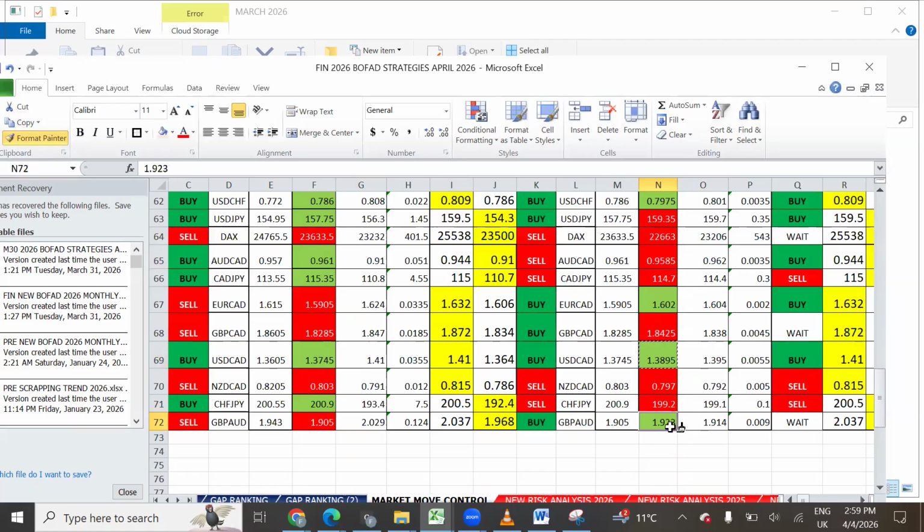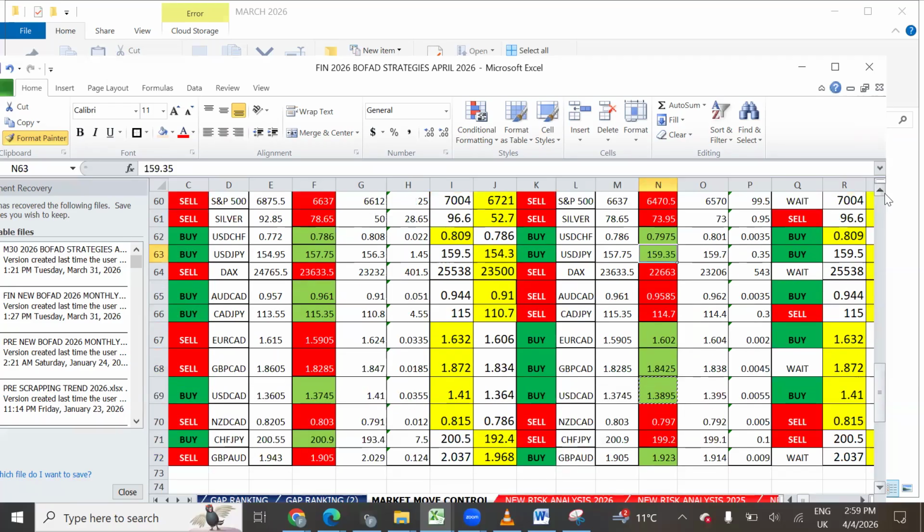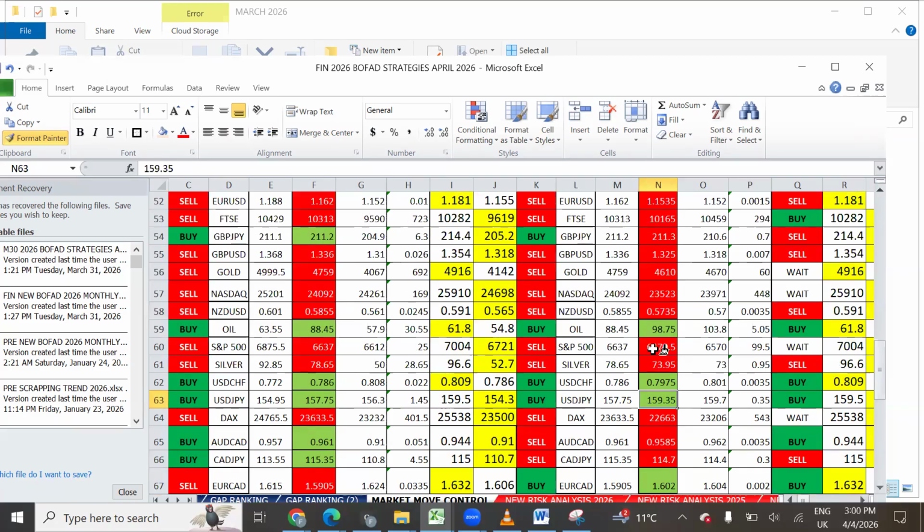I say that this is higher than this, so it's an upward move. This also is an upward move. This also, 159, is an upward move. 21.3, upward move.